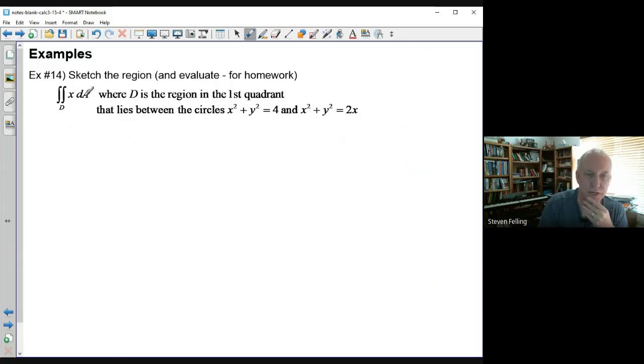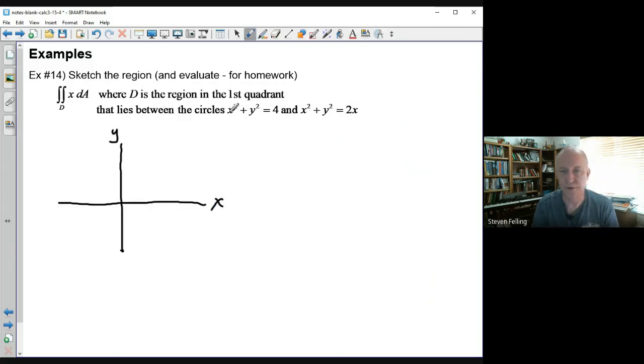All right, so let's do this one. The double integral of x dA, where D is the region in the first quadrant that lies between the circles x squared plus y squared equals 4 and x squared plus y squared equals 2x. All right, so let's make a sketch. Well, first of all, this one is a radius 2 circle centered at the origin. Would you agree?